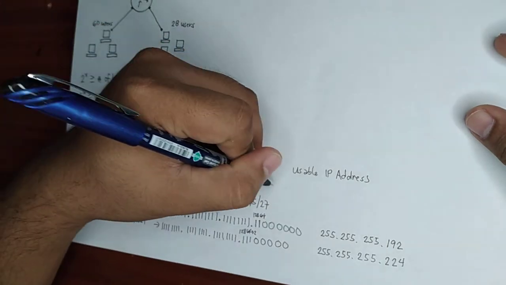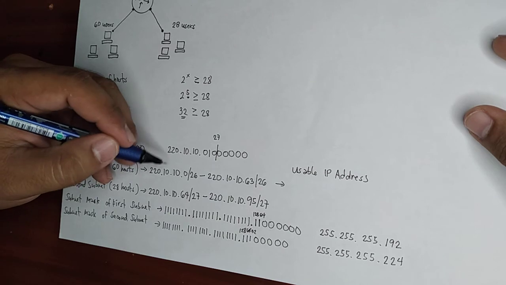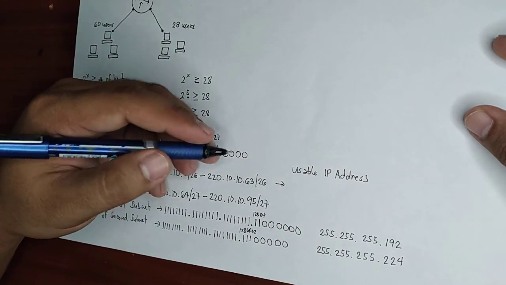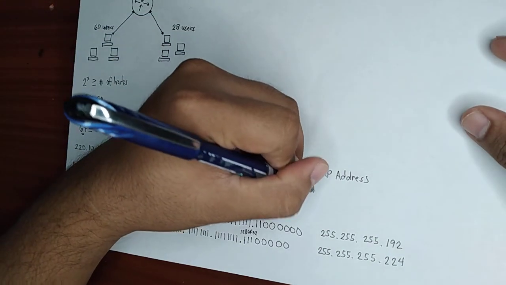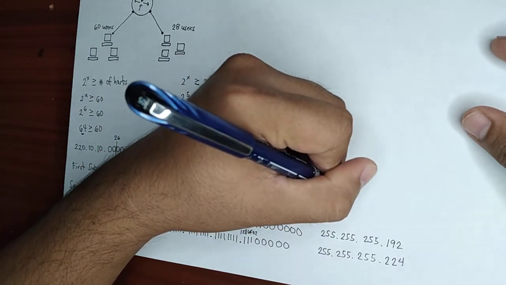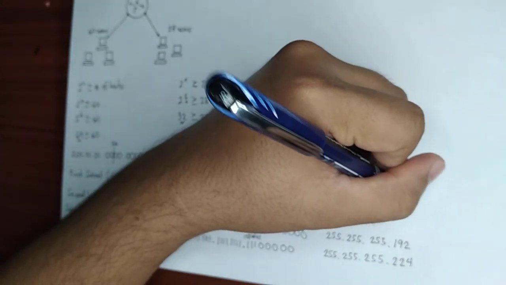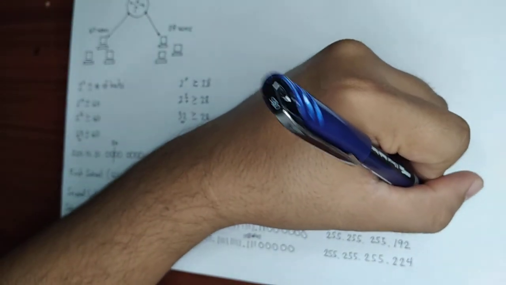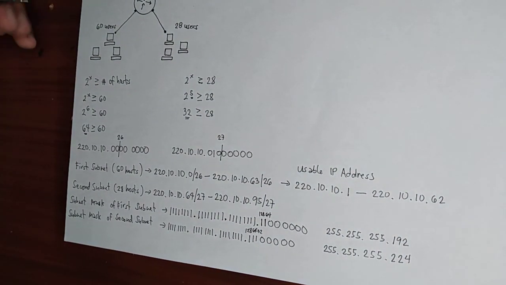Under the first, since the first address would be our network address and the last address would be our broadcast address, the usable IPs for this one are 220.10.10.1 until 220.10.10.62. Those are the addresses that we can assign to our 60 users, so actually more than the number of expected users.